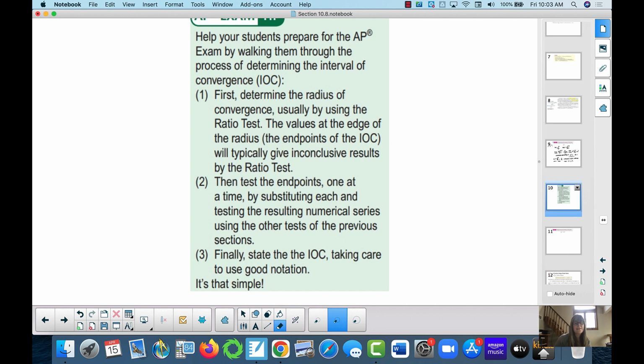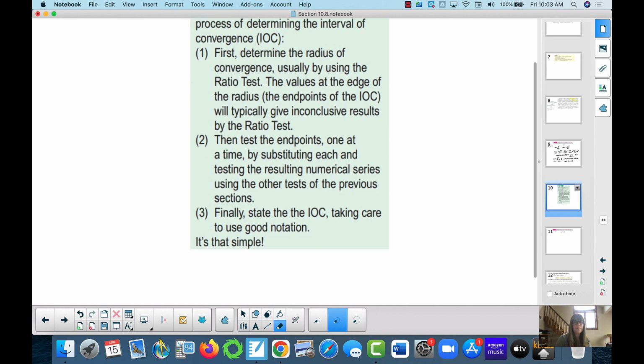Then you're going to test the endpoints by plugging them in to see whether it diverges or converges at each endpoint. And it's possible that it converges at both, that it diverges at both, or that it converges at one and diverges at another. So you need to test both. Once you figure it out, then you make your interval based on whether it converges at those endpoints or it does not.